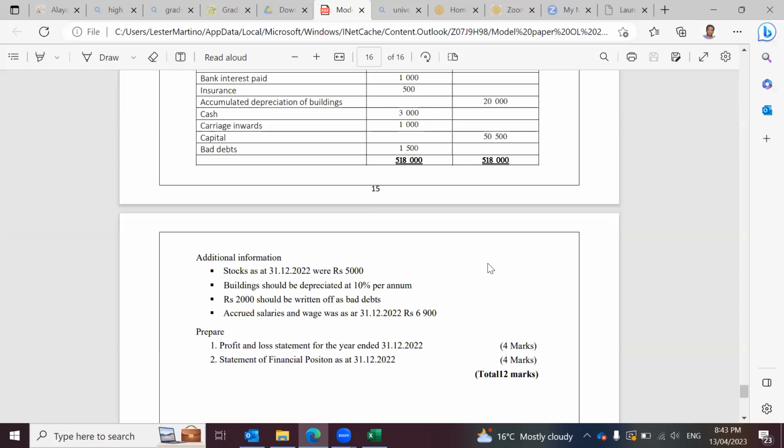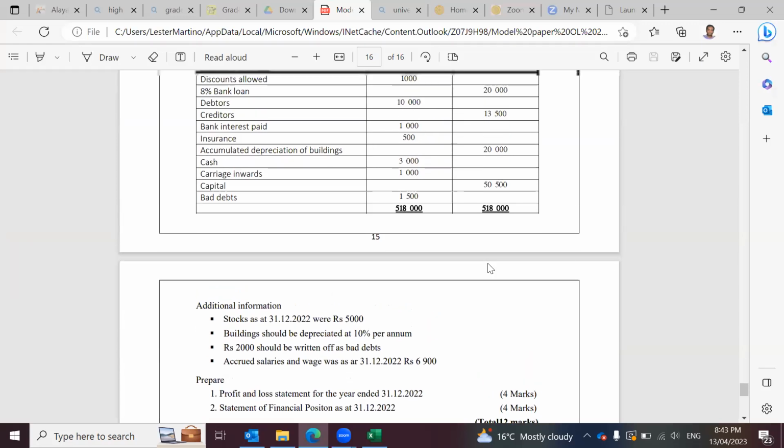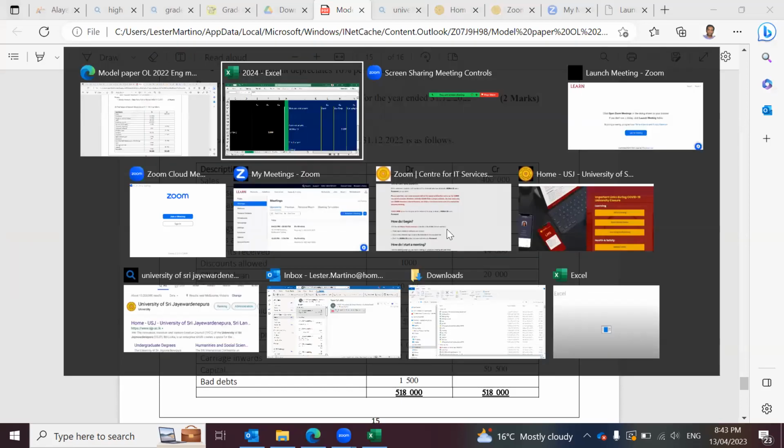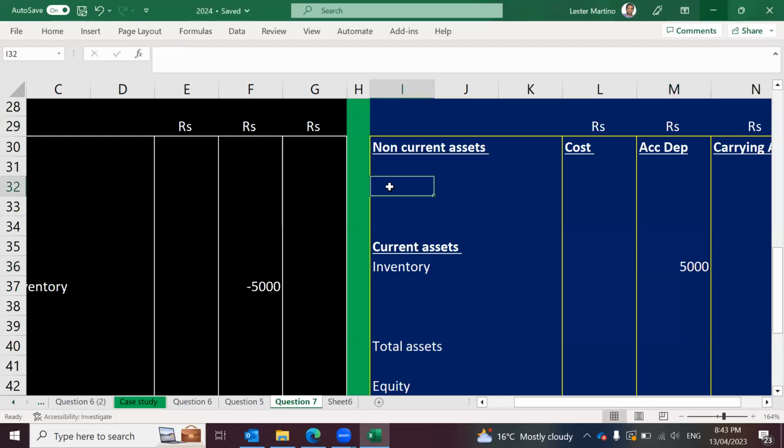The building should be depreciated 10% per annum. So go to non-current assets, building at cost 200,000. Leave a second line, building 200,000. And then 10% of 200,000 is 20,000.